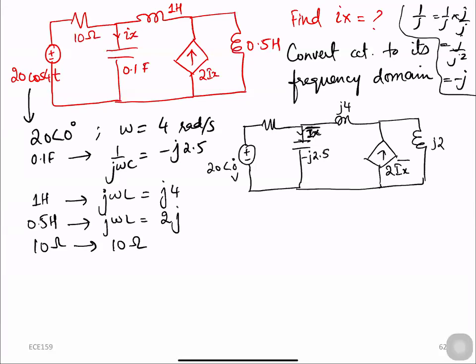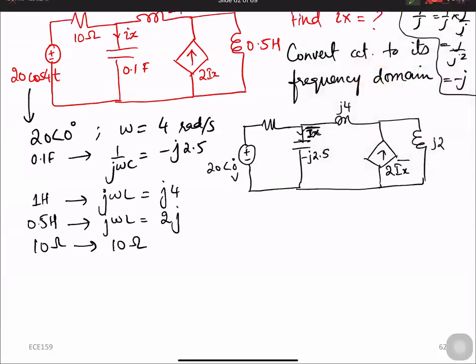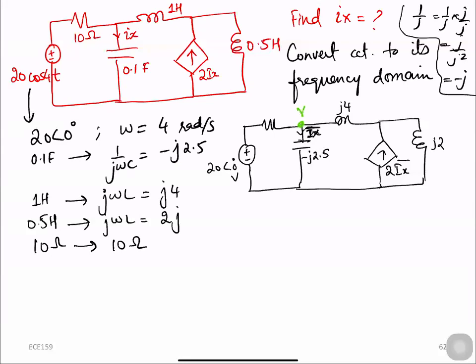Perfect. Okay. So in this analysis, the first thing I should do is label the voltages at each node, and I should label the currents as well. So we have this node V1, and we have another node V2, right? So let's say I label this current here.